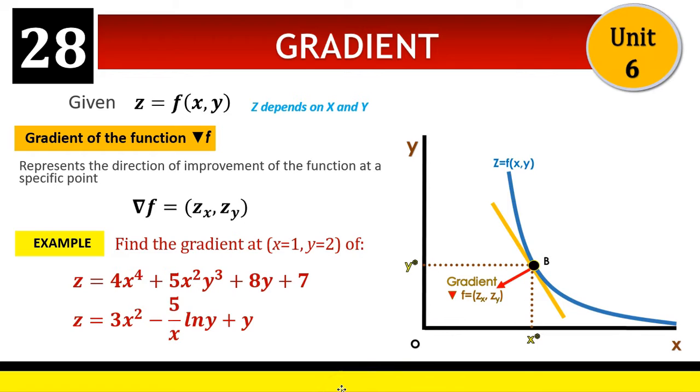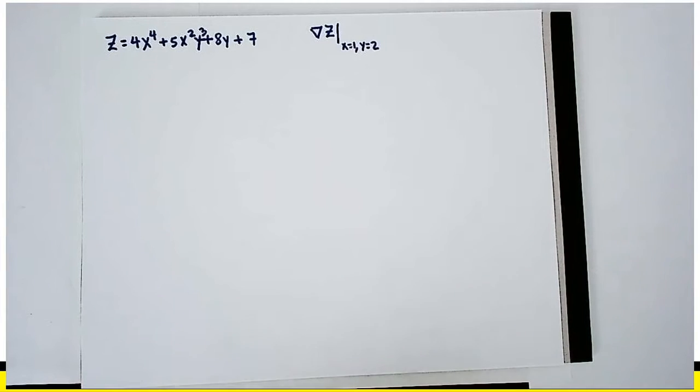In order to understand how we can compute the gradient, let's do these two examples, in which we need to find the gradient at the point x equals 1 and y equals 2 of the following two functions. First, let's find the gradient of the first function.